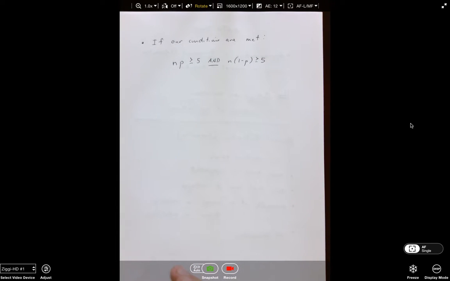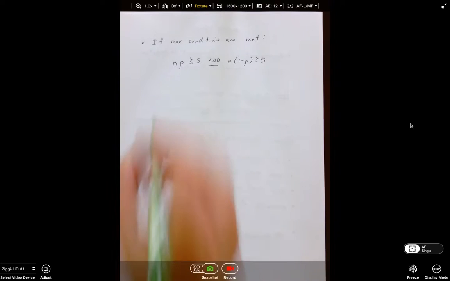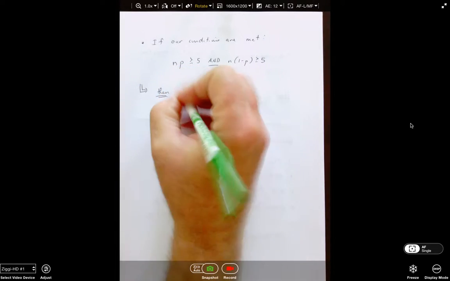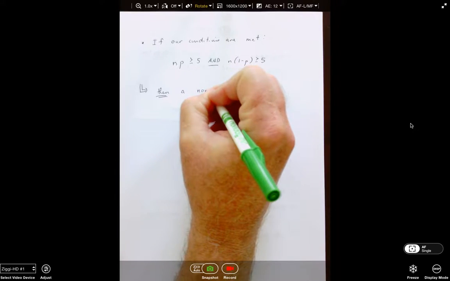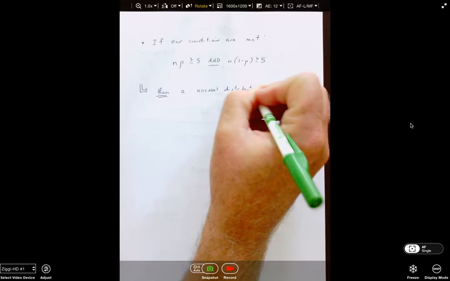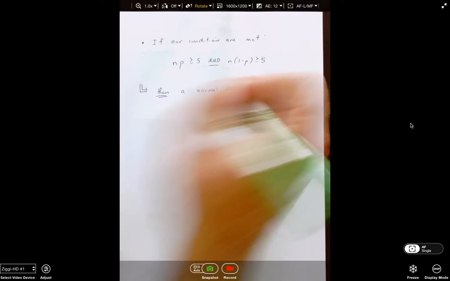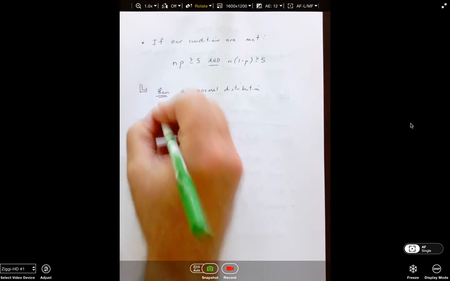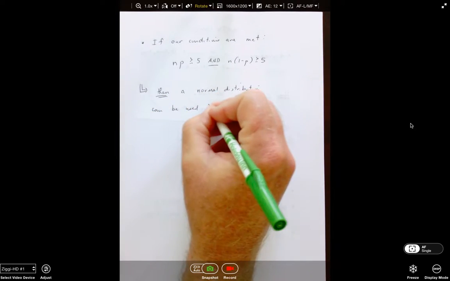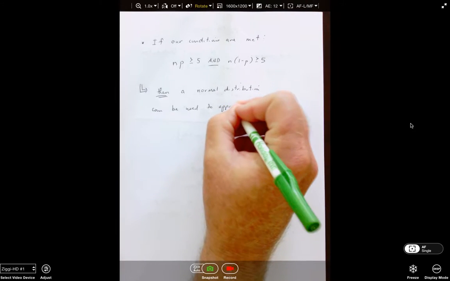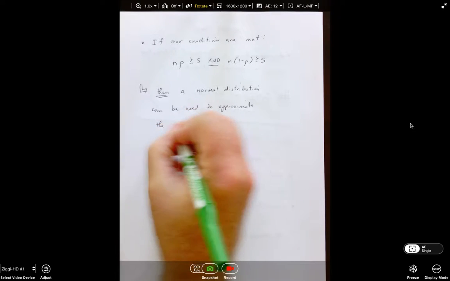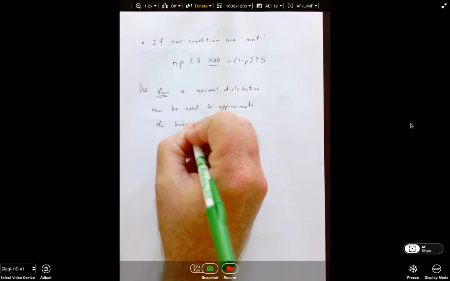So if these things are met, then a normal distribution can be used to approximate the binomial distribution.